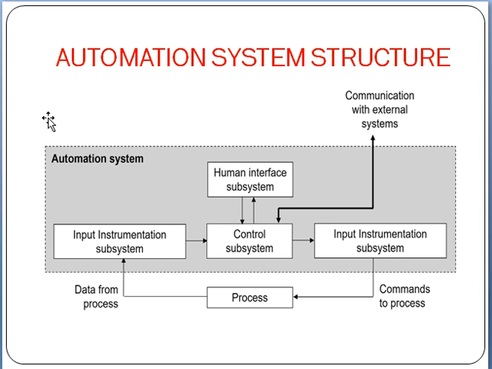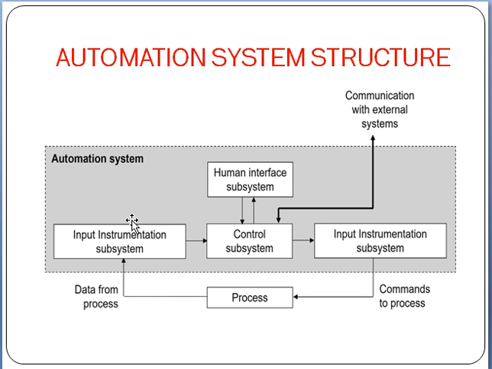First, we will learn about automation system structure. This is the most important thing. There are three subsystems with which we can say that automation works.